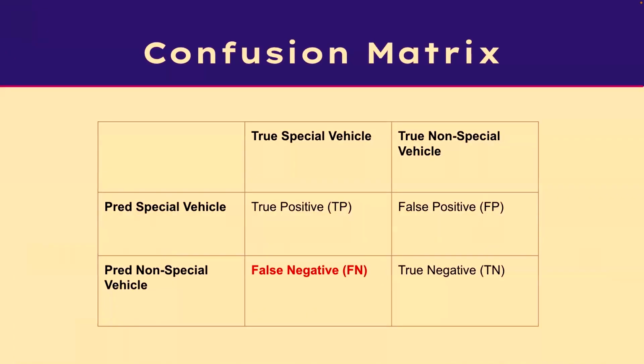What are our evaluation metrics? Our two classes of interest are special vehicles and non-special vehicles. From this, you can have true positives, false positives, false negatives, and true negatives. I'll talk shortly about why the false negative case is a lot worse than the false positive case.